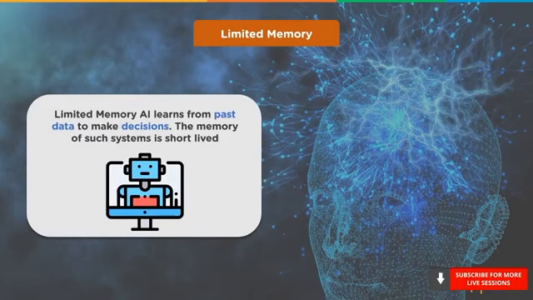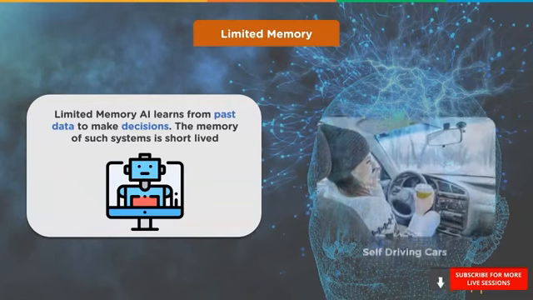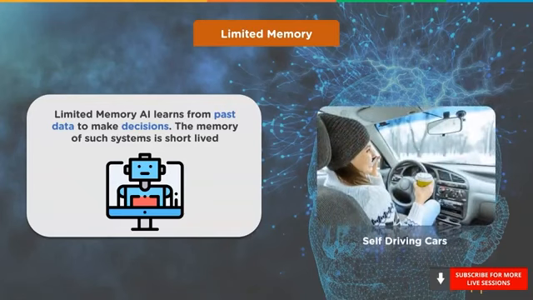Up next, we have limited memory. Limited memory AI learns from past data to make decisions. The memory of such systems is short-lived. While they can use this data for a specific period of time, they cannot add it to a library of their experiences. This kind of technology is used for self-driving vehicles. They observe how other vehicles are moving around them in the present and as time passes.